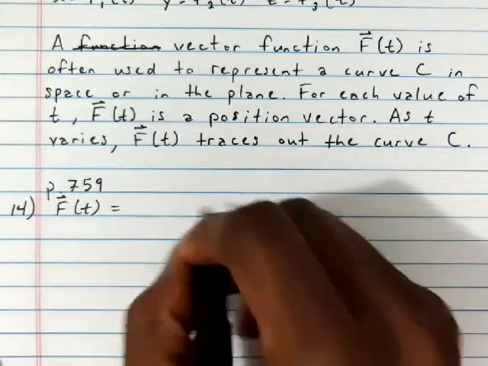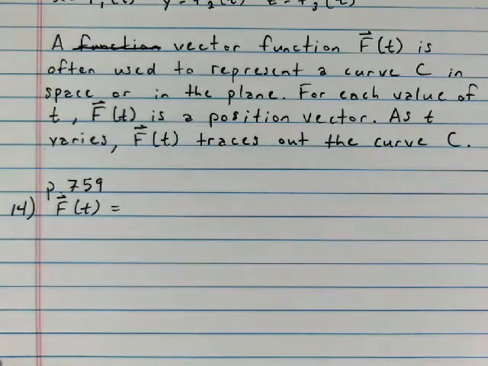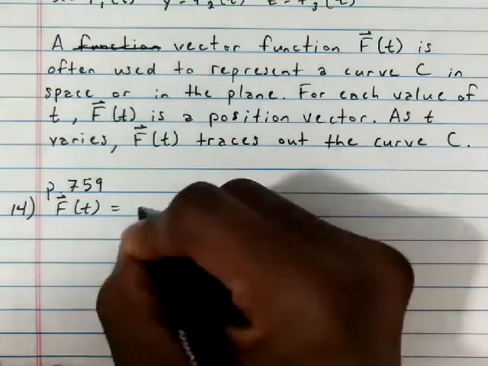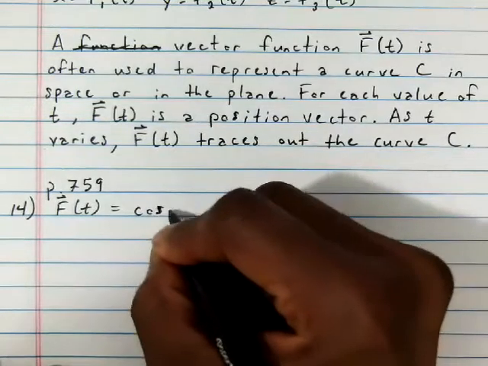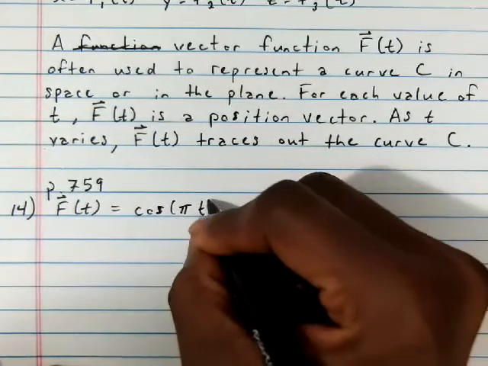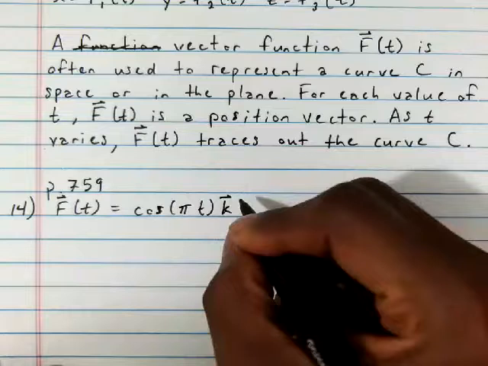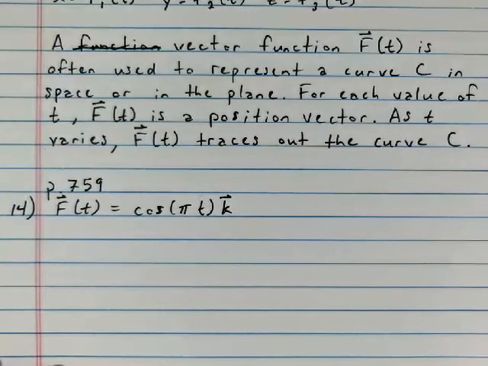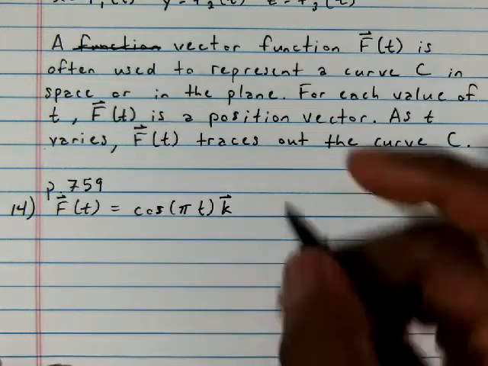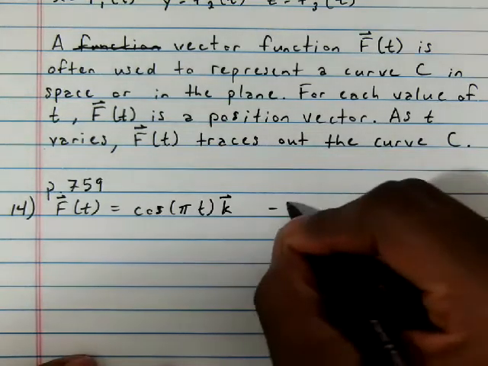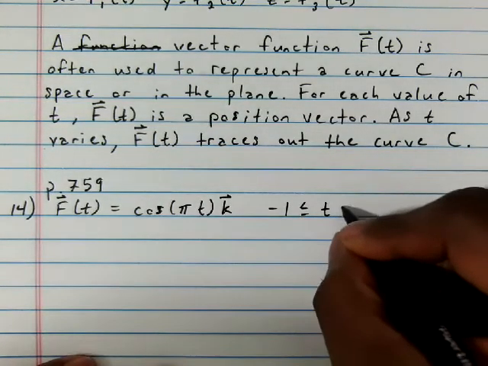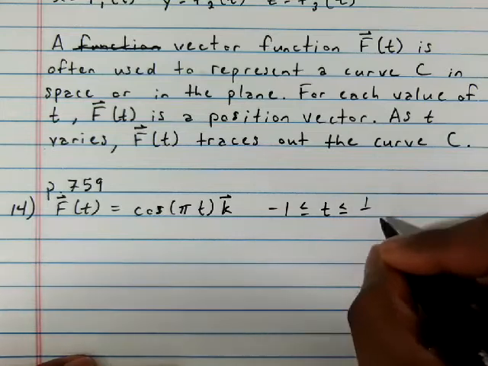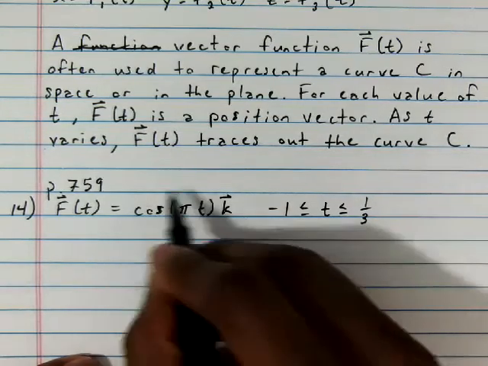So they give us F of t equals cosine of pi t k, and they tell us t varies between -1 and 1/3. This is the way it's written in the textbook.